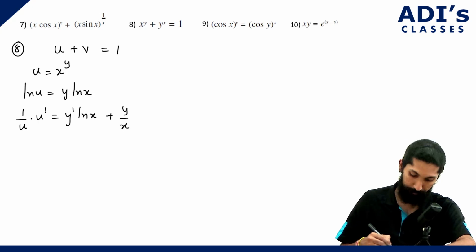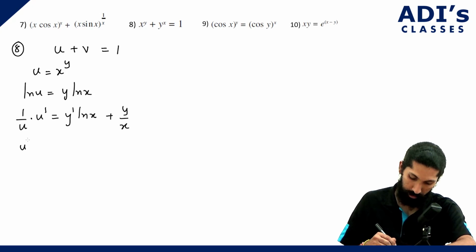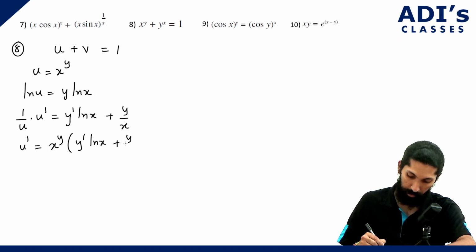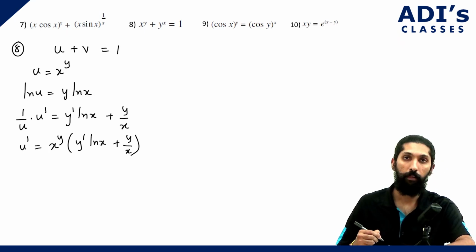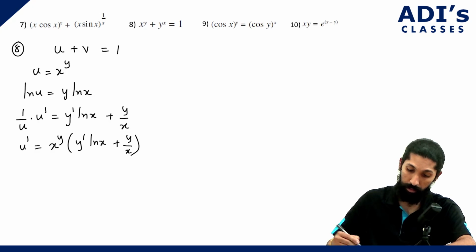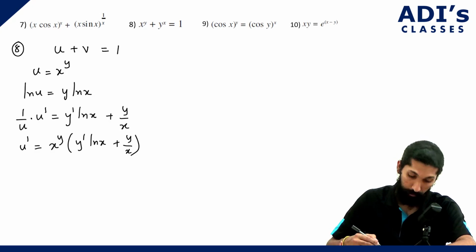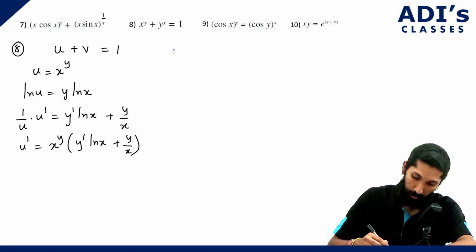So u dash is equal to x power y into y dash log x plus y by x, correct? Now same thing for the second part, that is v is equal to y power x, right?